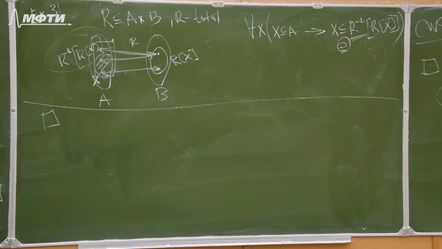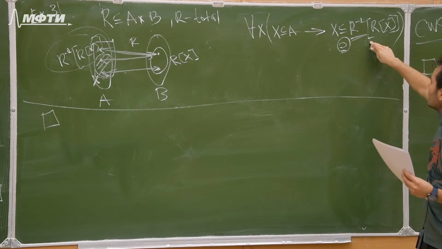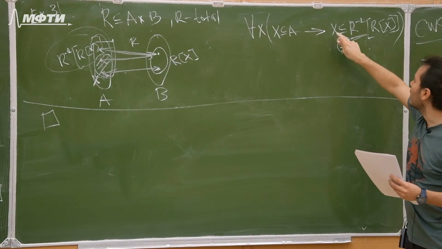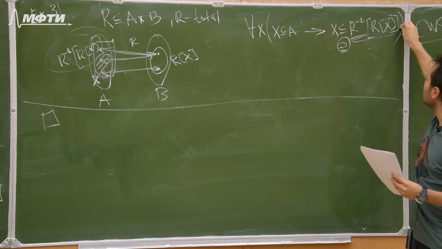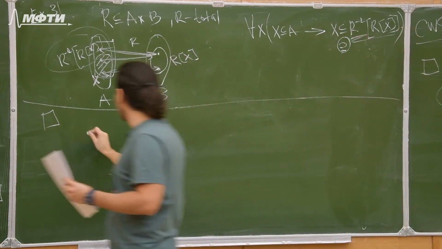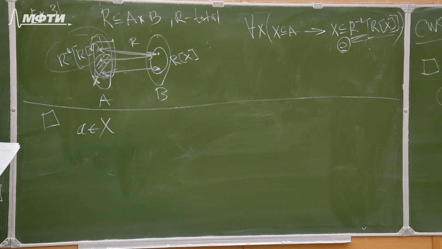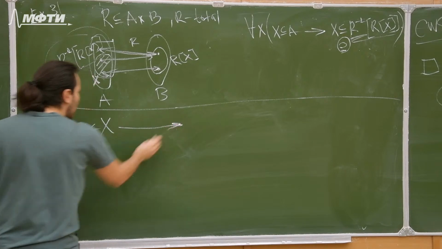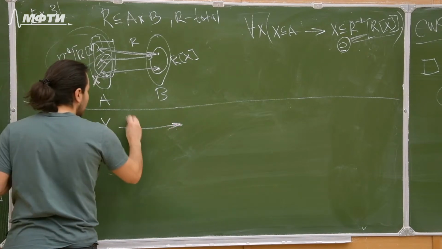Okay, so we need to prove what? We need to prove that X is a subset of this. So let's take some element from X and let's show that this element belongs to this set as well. So A is an element of X, right? And what do we know from R? We know that R is total, right?